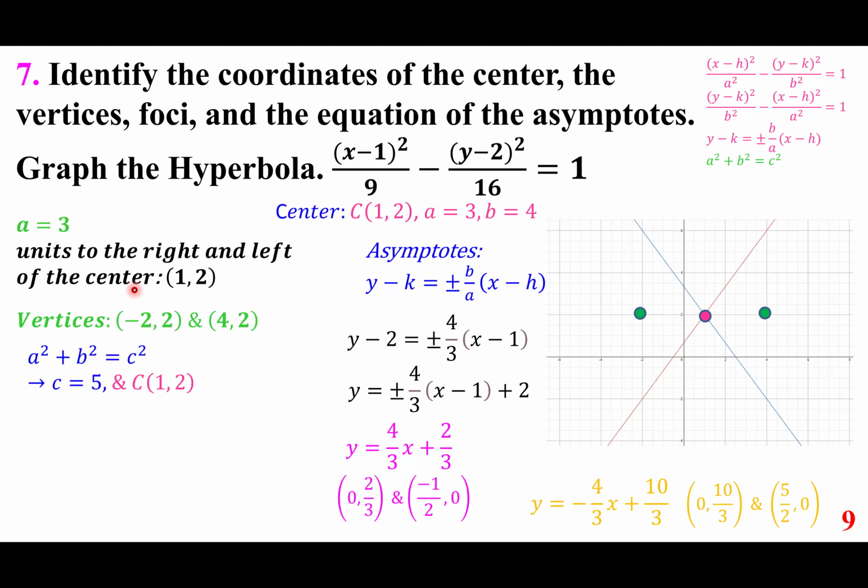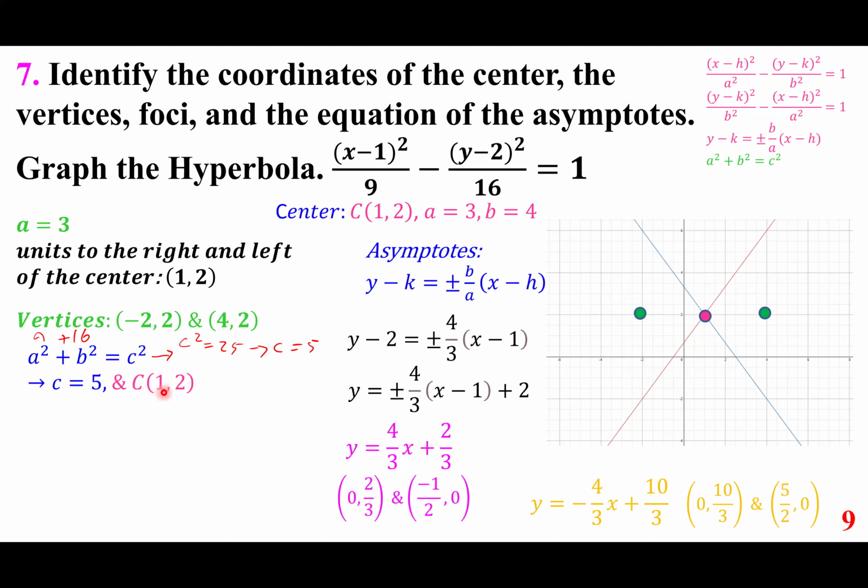The graph is pretty much done, but we want to find the foci, and therefore we need to calculate a squared plus b squared equals c squared. This is 9, this is 16, c squared is 25, c becomes 5.